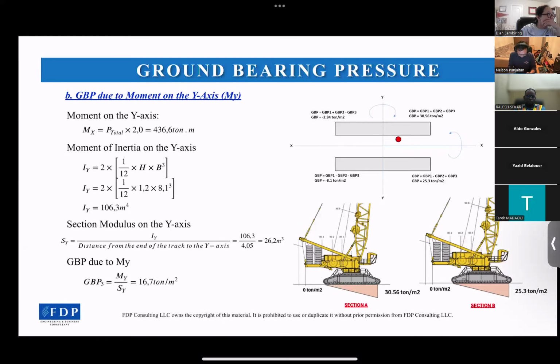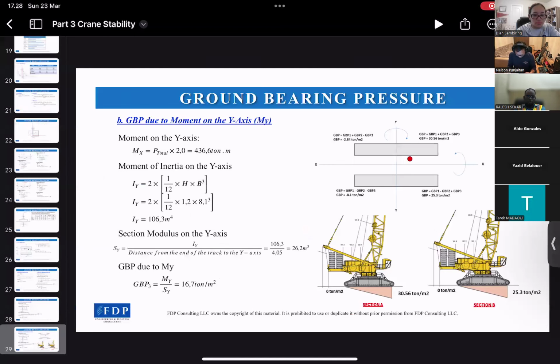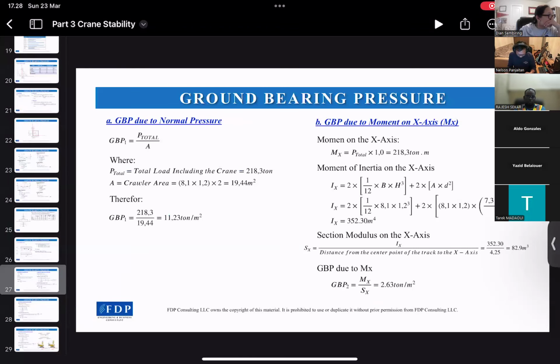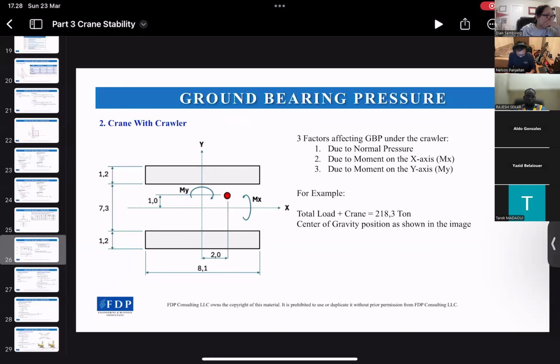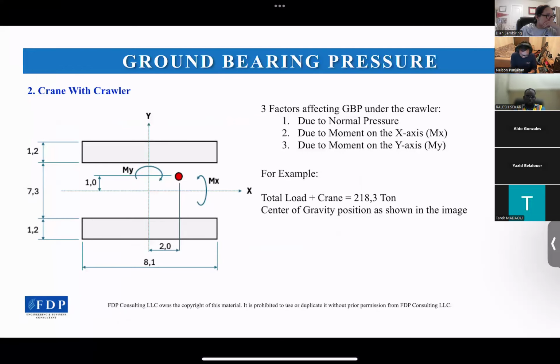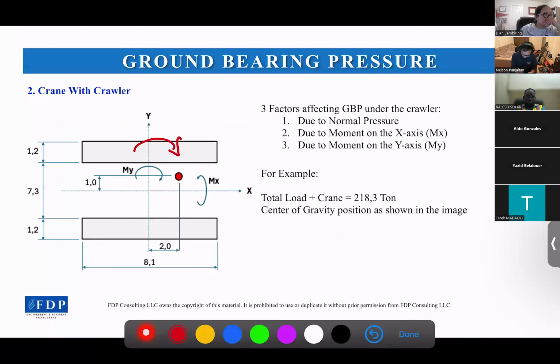As we see, the COG is here, so this crane will be rotating to this side, and the front track will get more pressure than this blue one, correct?